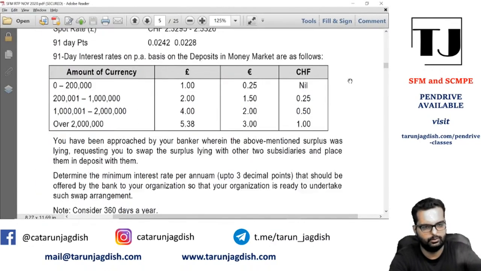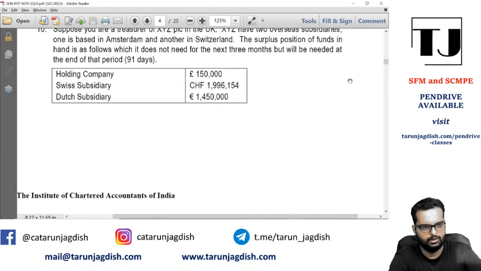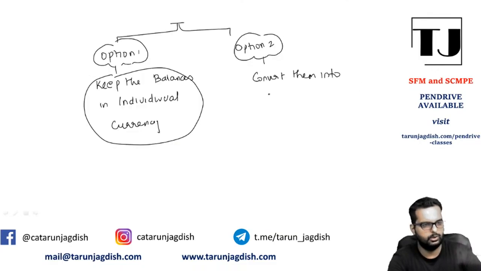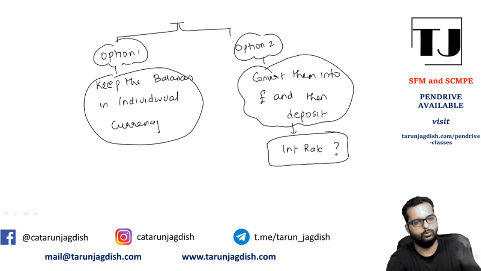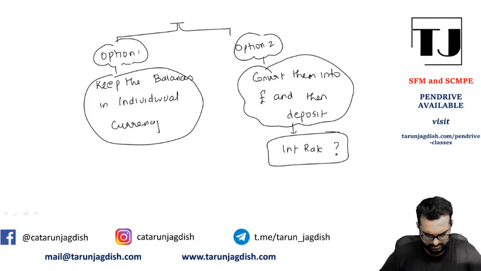What is the holding currency? Can you tell me? Holding company is in sterling. Convert into sterling and then deposit. Now for this, how much should be the interest rate is something they are asking in the question. Can you quickly draw this chart in your books now?